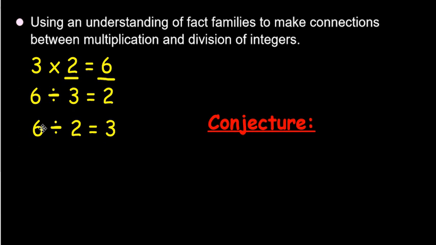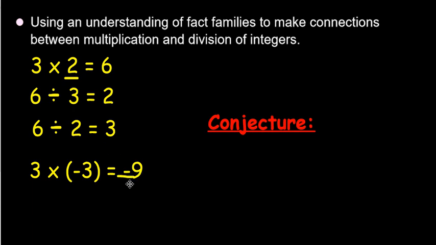Now, if we connect this with an understanding of multiplication of positive and negative numbers, like this example, 3 groups of -3 equals -9, or you could say -3 plus -3 plus -3 equals -9.